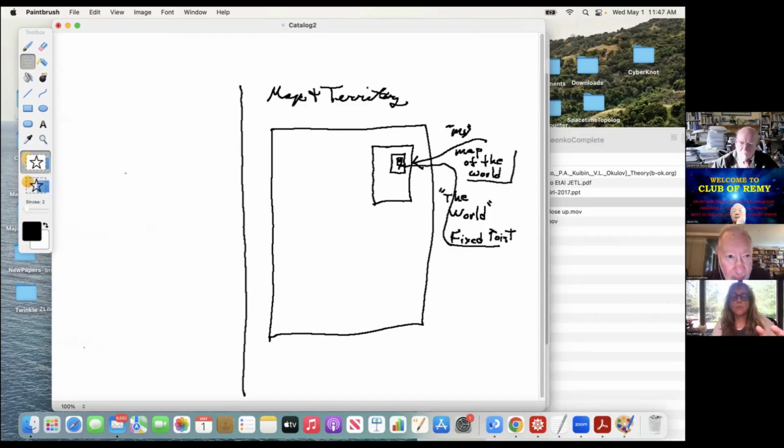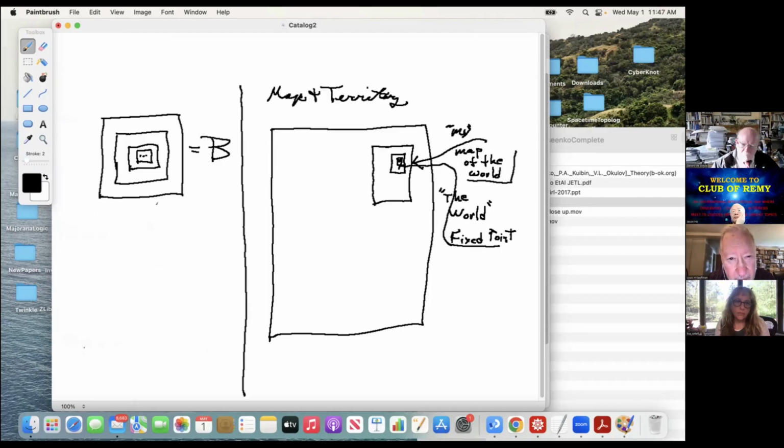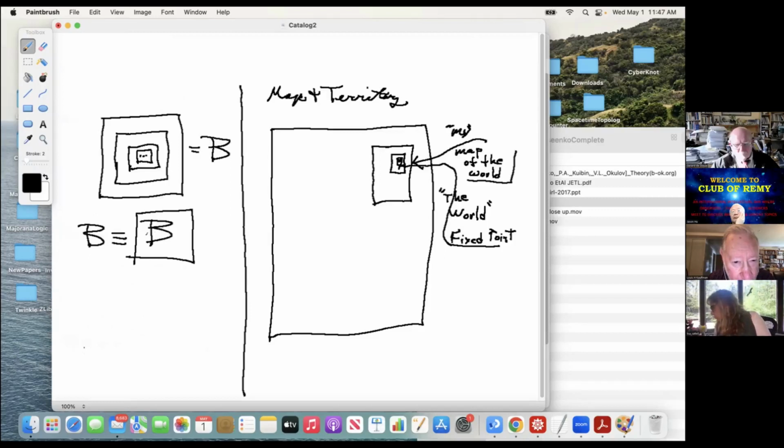If you look at the external form of boxes within boxes, going on forever, call it B, then you see that there is an external fixed point as well, and that B is identical to B with a box around it. External fixed point.